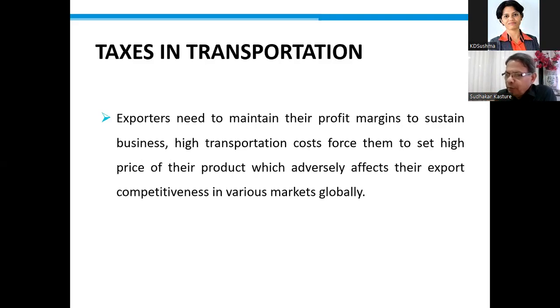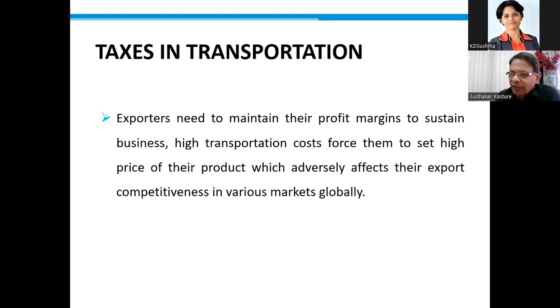Then you need to maintain profit margins. I can give you some international examples. A company that was exporting goods to Argentina and earning a decent amount of profit during the COVID time discontinued exporting to Argentina. When I started examining the case and asked why they had discontinued, they said the freight they used to pay for a 20-foot container up to Argentina was $3,000.